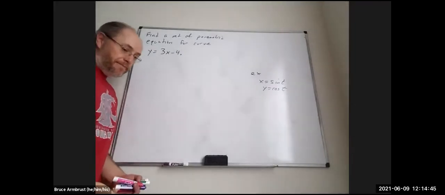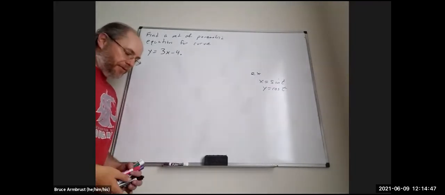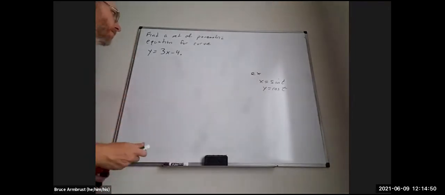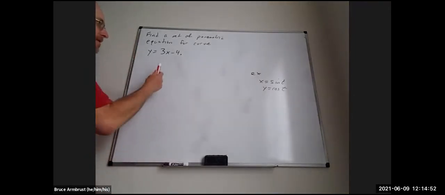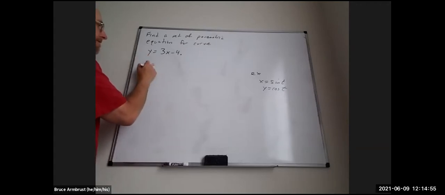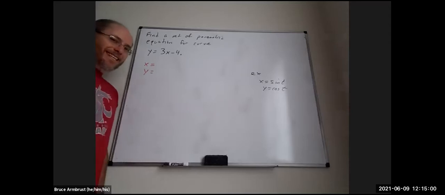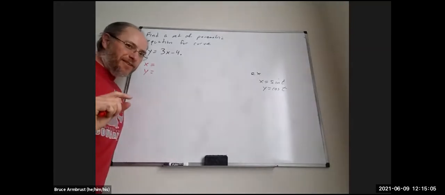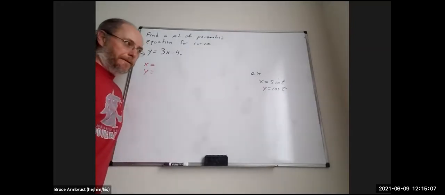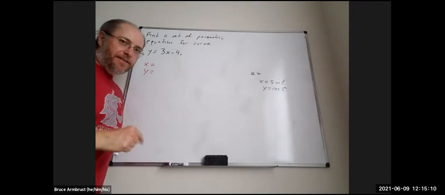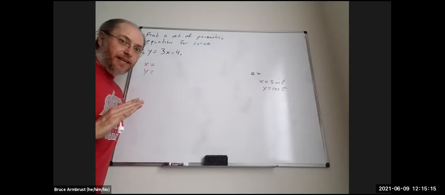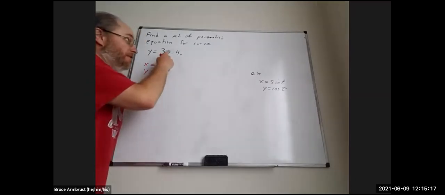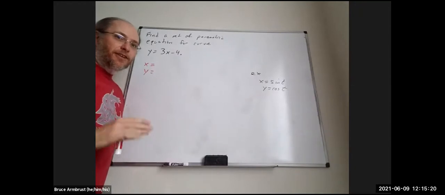All right, so it's a line, but let's create a set of parametric equations. That means we need x equals and y equals, and we need those both to be in terms of t. Now I'm going to tell you a secret. This is the easiest thing to do in the world. It looks complicated, like you just saw this and went, oh my God.